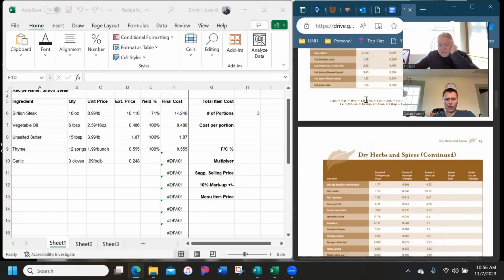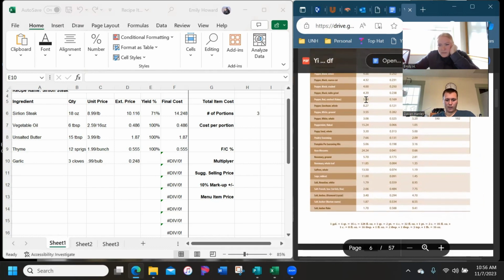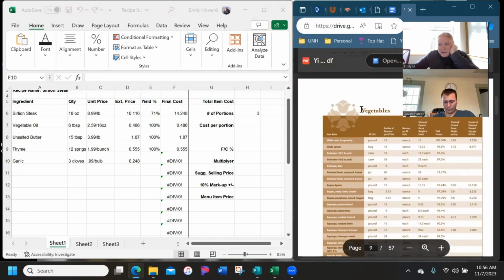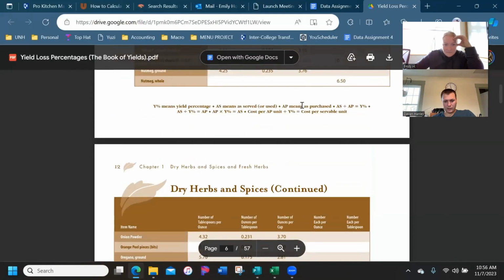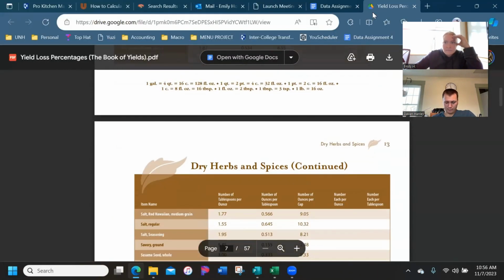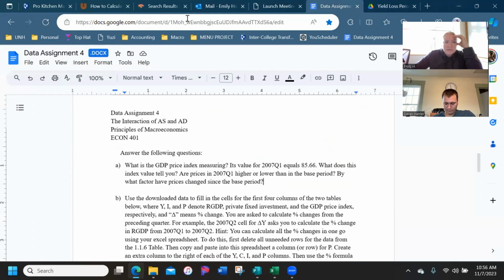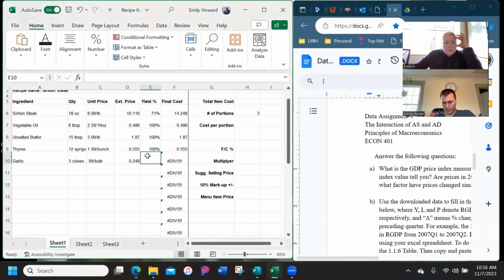Or I think it is a vegetable. Some things are confusing. It looks like it's about 83%. Thank you for sending me that because that will probably save me a lot of Google searching. Did you say 83? Yeah, 83%.